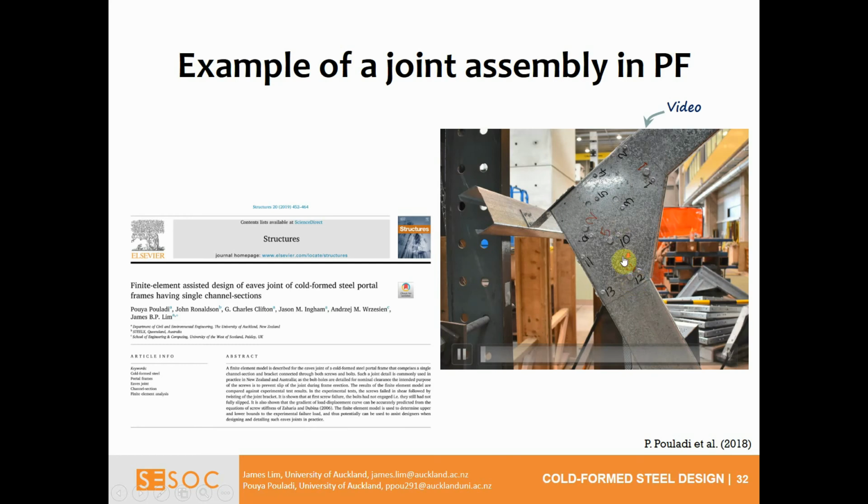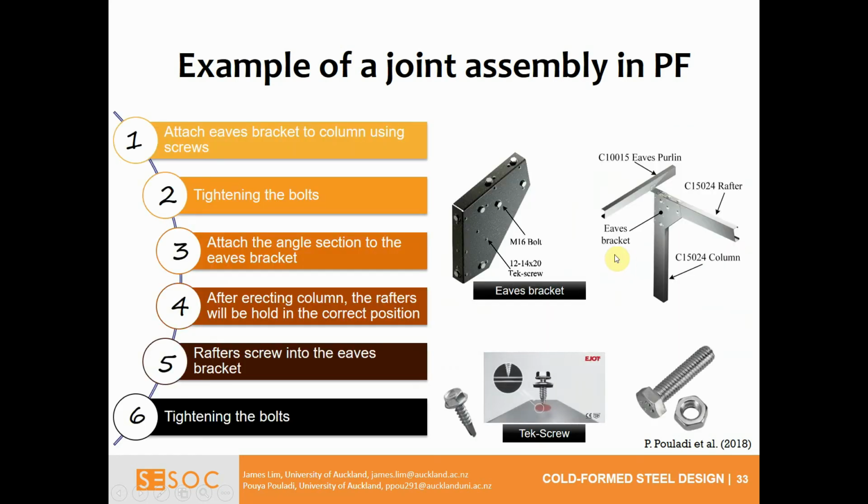And obviously that does have some flexibility. So here we see how the joint is formed. It's a combination of screws and bolts. The screws are basically just to hold everything in place until the bolts go through. But in terms of the experimental testing, we actually showed that the screws carried most of the load.